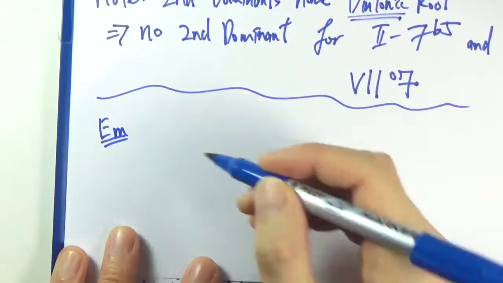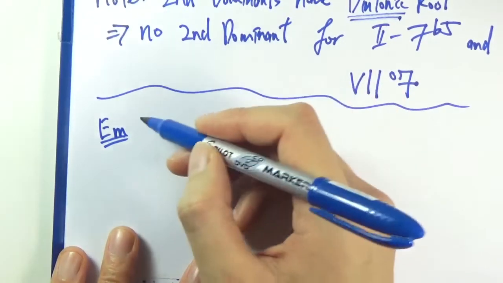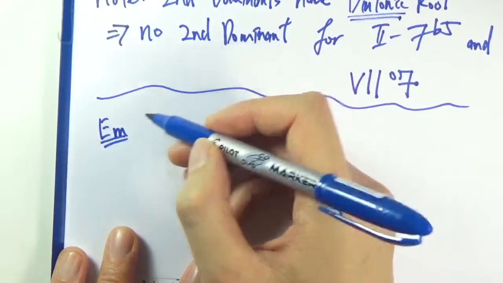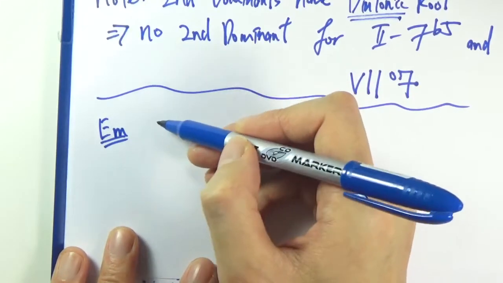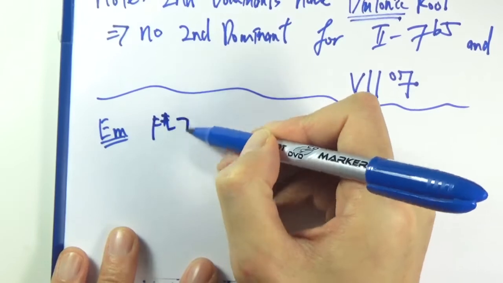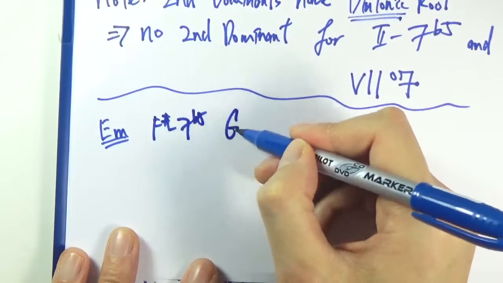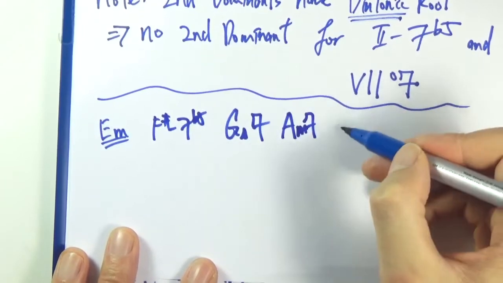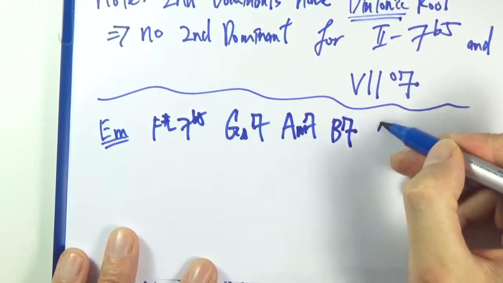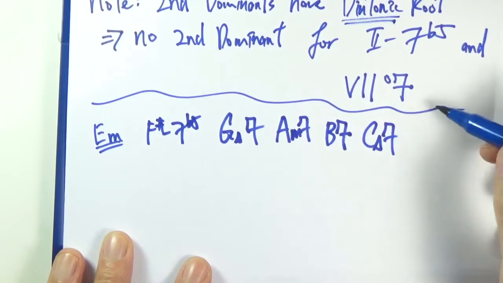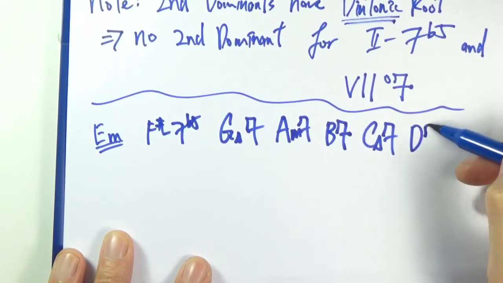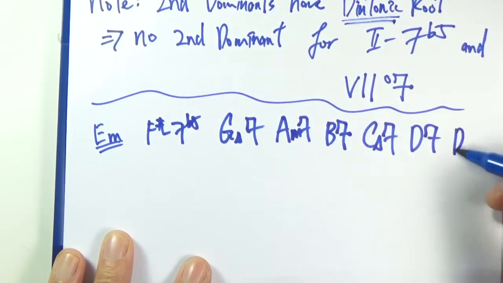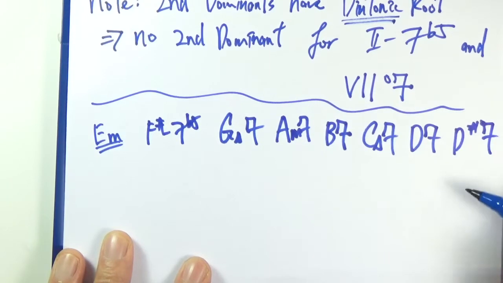All right, so first step would be to write out all the chords. So E, F sharp minor 7 flat 5, G major 7, A minor 7th, B dominant 7th, C major 7th, and you would have D 7th, and also D sharp diminished 7th.